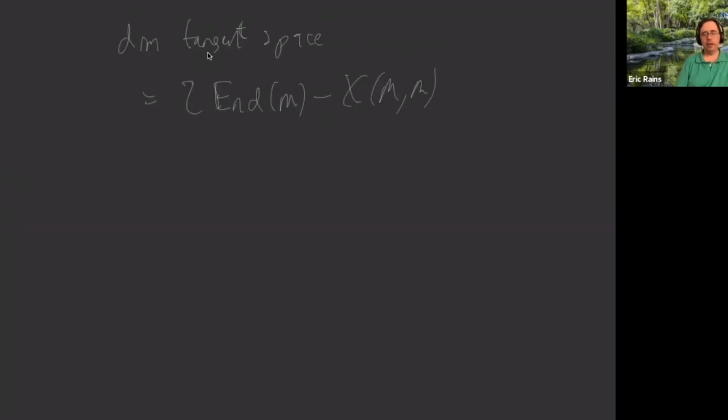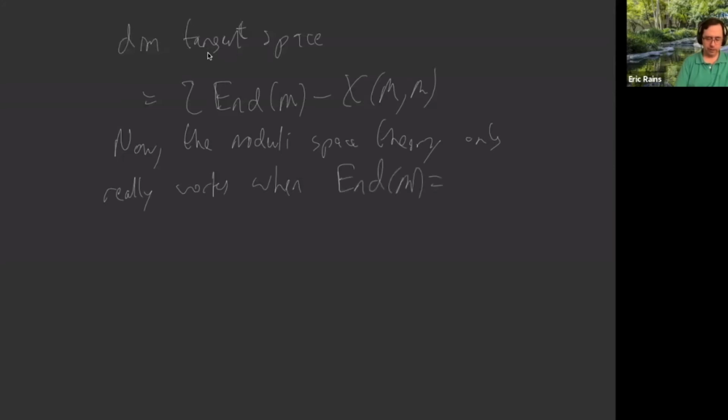Okay. Now, the moduli space theory only really works when the endomorphism ring of M is basically trivial, when M has no non-trivial endomorphisms.